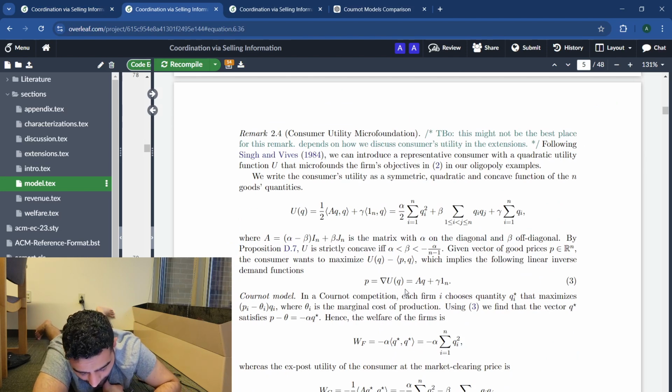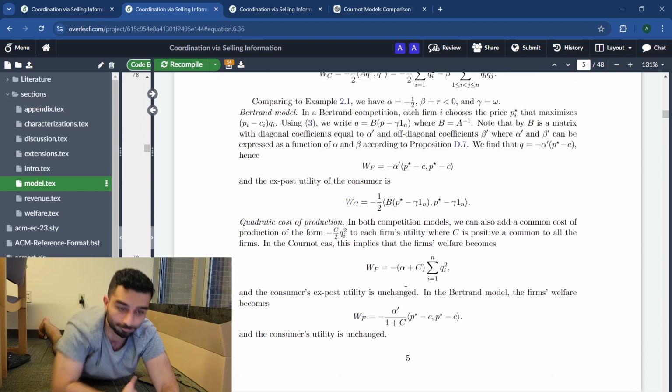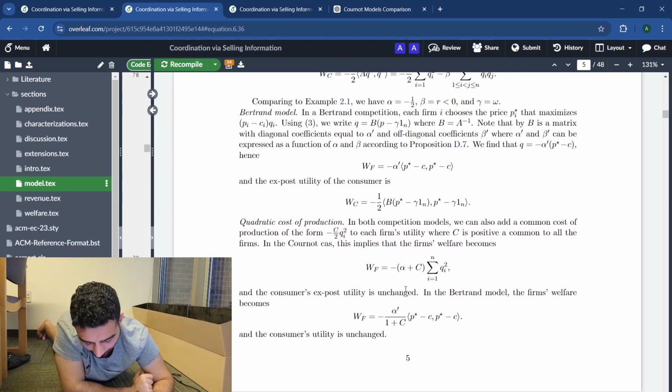P is the gradient of UQ, which is AQ plus omega or gamma 1n, and Q will be A minus 1 P minus omega or gamma 1n, right? Which B is A minus 1, alpha beta prime, this we can find.